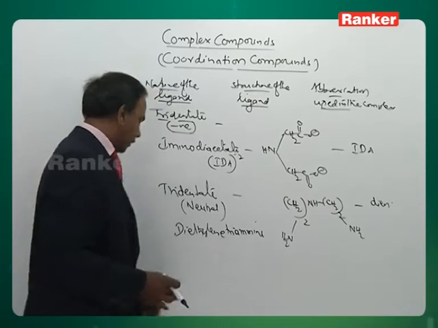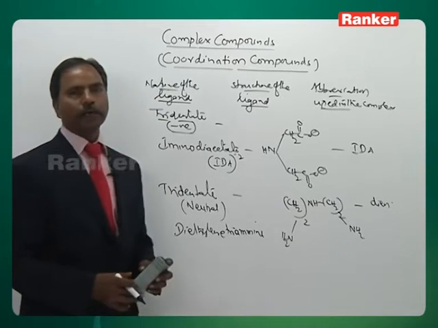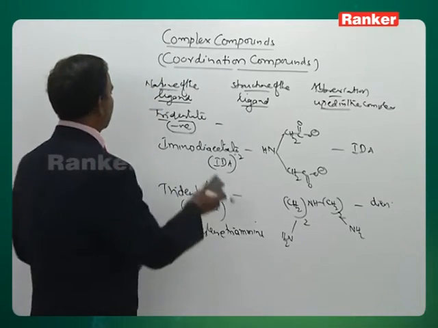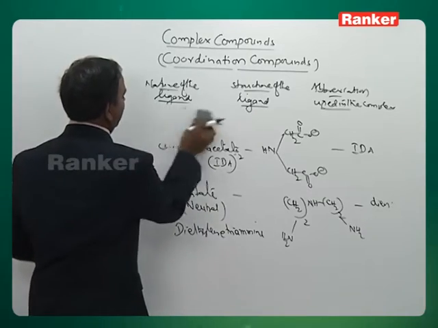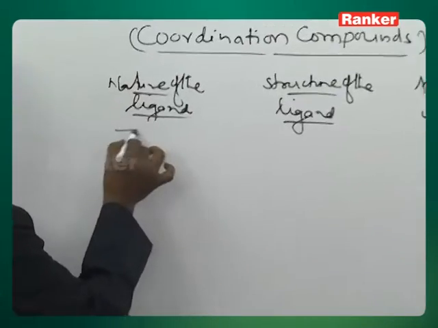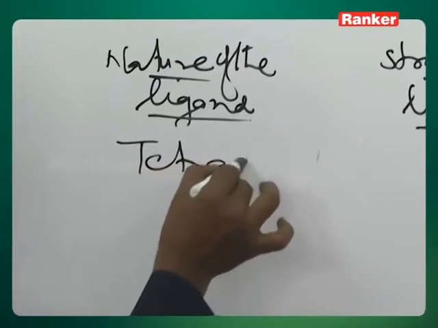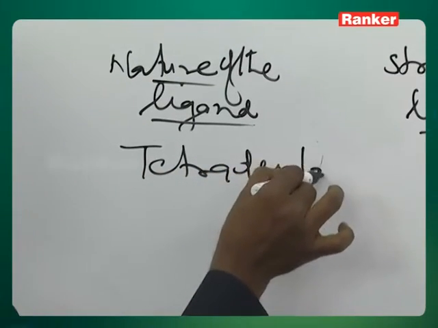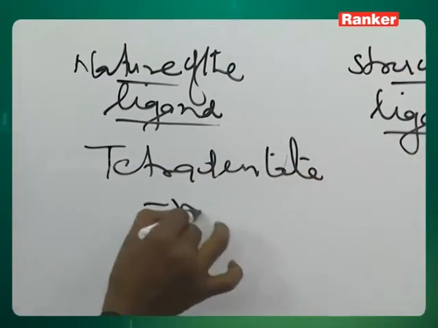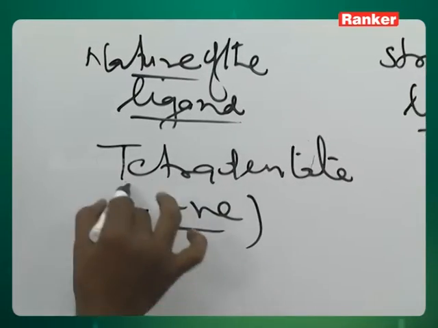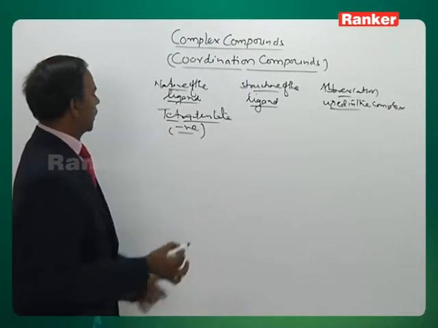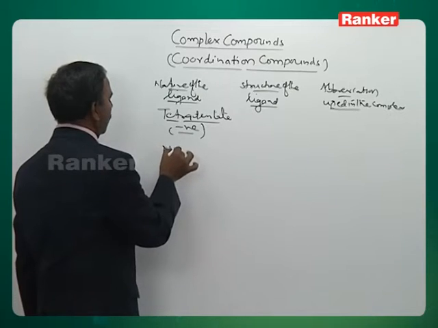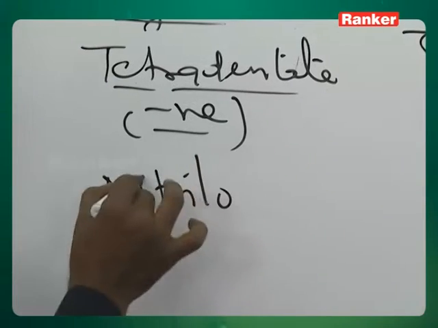Next, let us see tetradentate negative ligands and tetradentate neutral ligands. Let us take tetradentate negative. Under this, nitrilo triacetate.